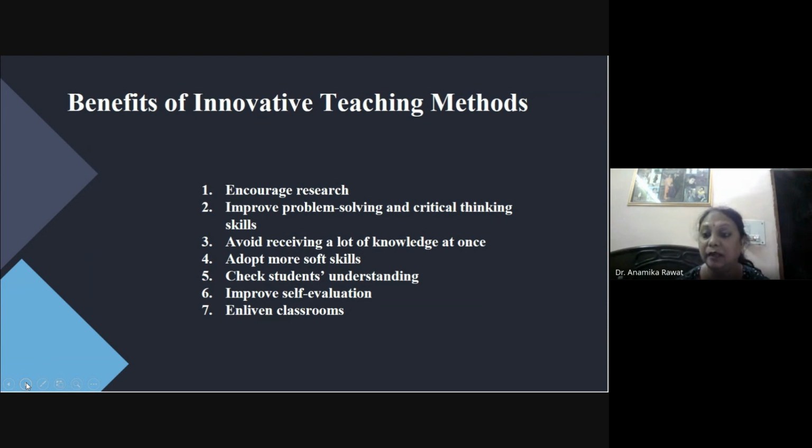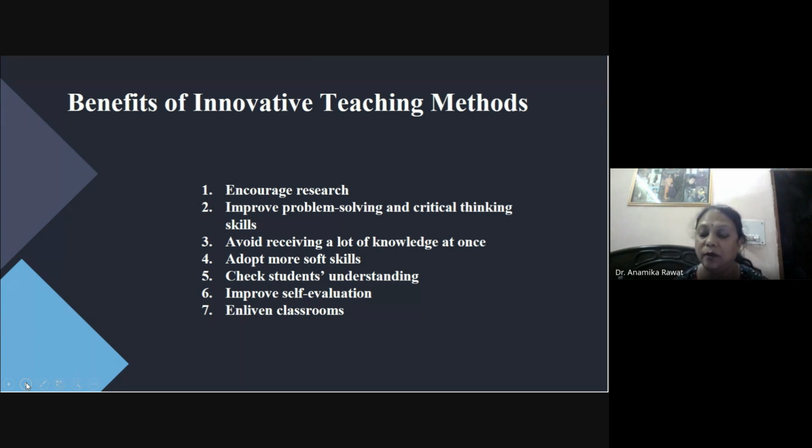Someone can raise their hand for a problem, someone not. Someone has good confidence, someone not. So, avoiding receiving a lot of knowledge at once, with the help of innovative teaching, we can circulate knowledge step by step. If there are 60 students in the class, 30 can understand by the traditional method.